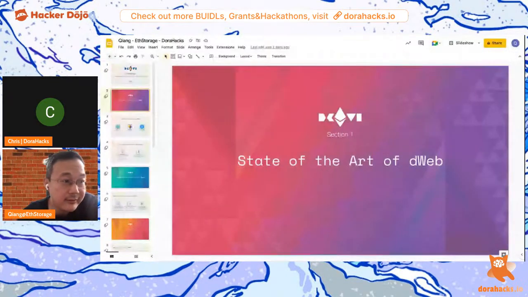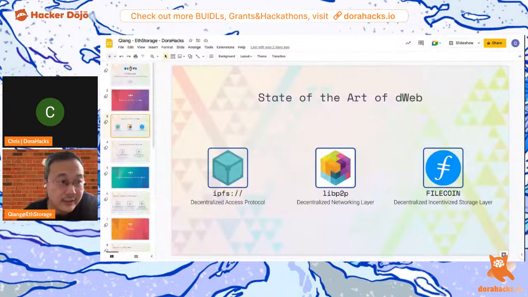So what is the current status of the decentralized web? We have decentralized access protocols like IPFS, and we also have a mature P2P network layer in which we can retrieve the data. Also, we have an incentivized storage layer that helps to keep the data persistent.